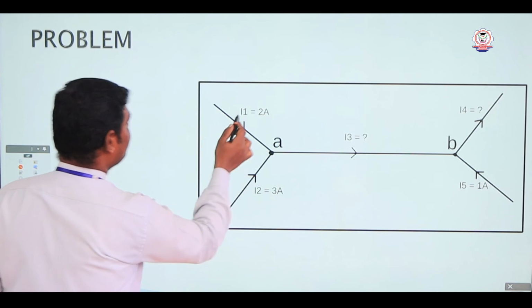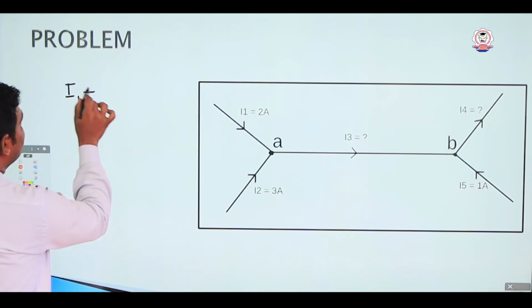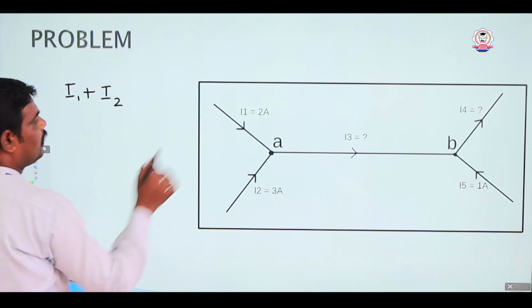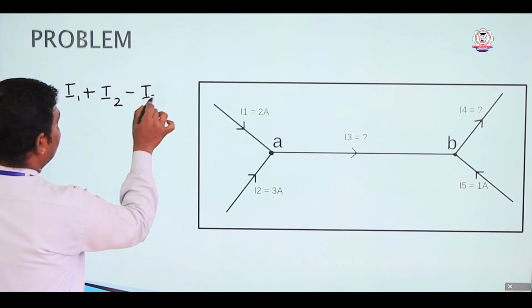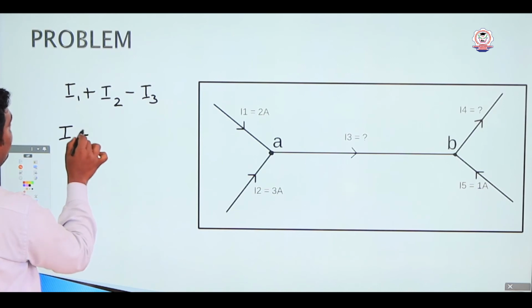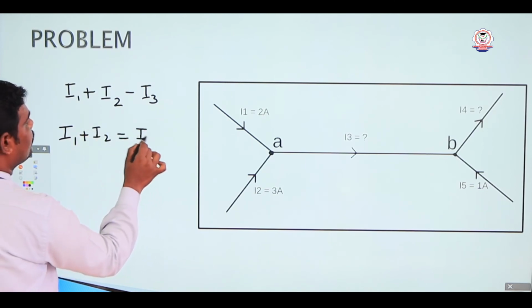Towards the junction means we have to take positive I1, next I2 also towards the junction. Outwards from the junction means we have to take negative, this is I3. So this formula we can write as I1 plus I2 is equal to I3.